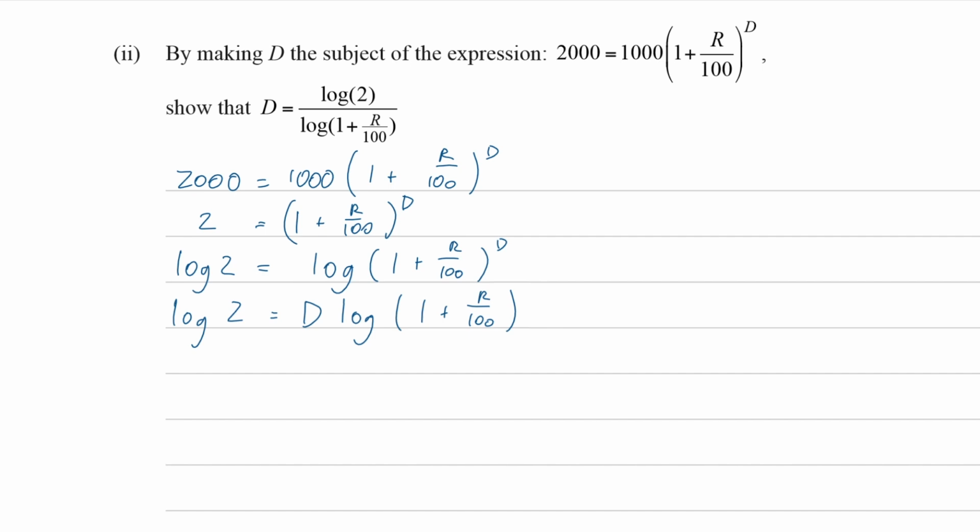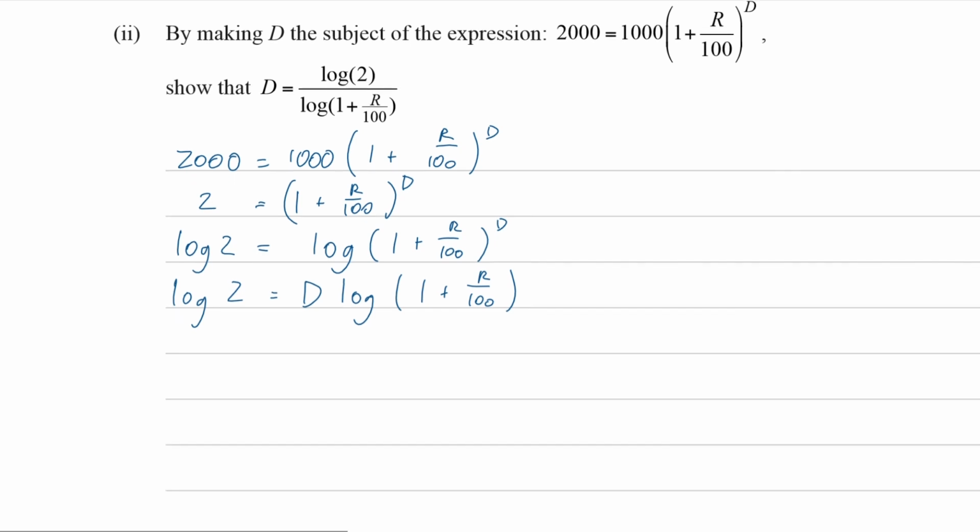So that's a log law. And now from here you should be saying, let's just rearrange for D in one more step. So D equals log 2 divided by log 1 plus r over 100. And that's exactly what they wanted us to find.